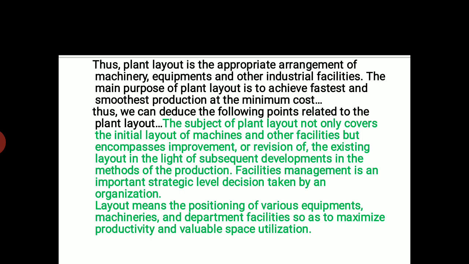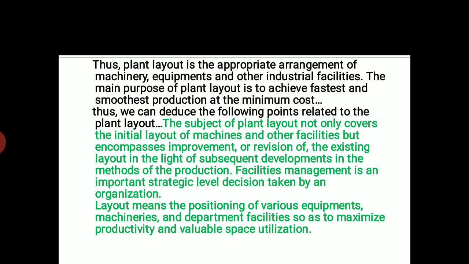Then what is important is to have the proper layout. That means layout is internal designing of the factory or the plant, which helps the manufacturer to produce things at the fastest rate with the smoothest convenience and at the lowest cost.